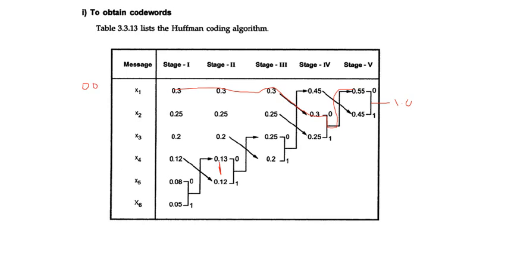Now I will find the path for x2. So 0.25, then it came here and here also like this. If I read from right to left, the code word is 0 1. So 0 1 is the code word corresponding to x2.